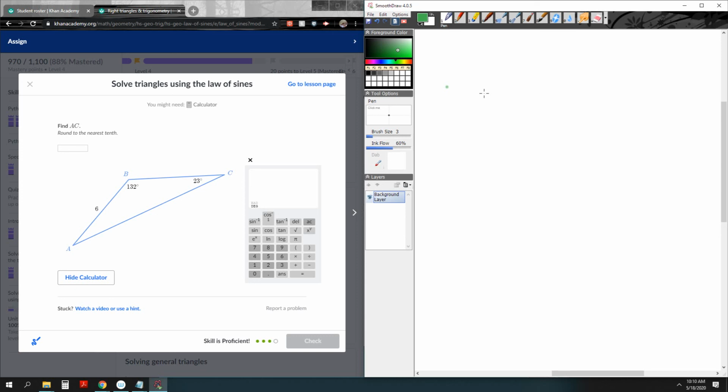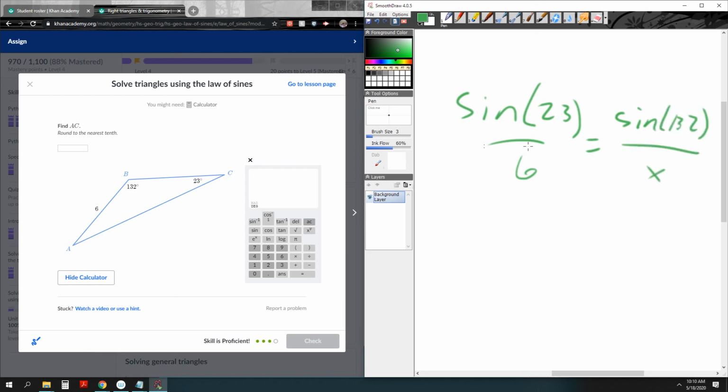Okay, the sine of 23 over 6 is going to equal the sine of 132 over our unknown side.